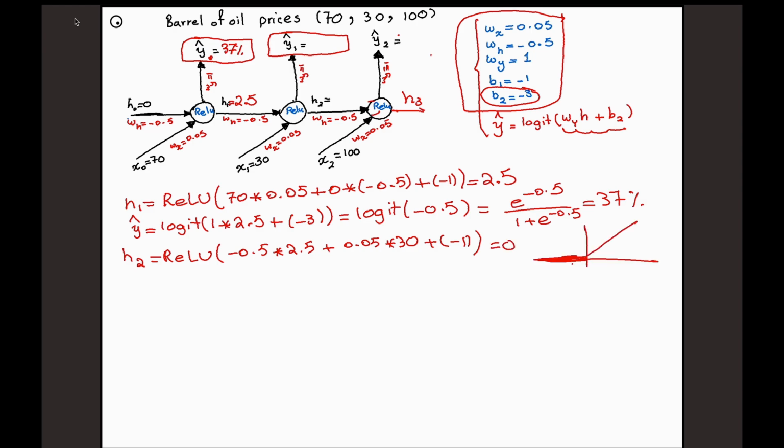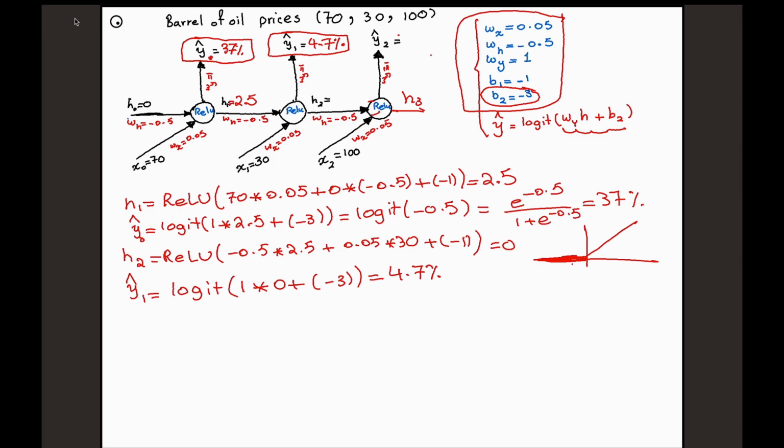So it was 0 here and then became unity here. In order to calculate y hat 1, we just need to find the logit of 1 times 0 plus its bias, which is negative 3. So that logit would become 4.7%. I'm not going to spend time putting it in exponents because we already did it. So it's 4.7%. Again, this was the probability that the Fed would increase interest rate last quarter. It has already happened.